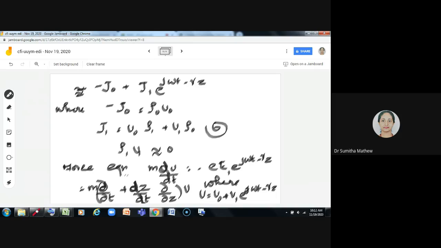We simply manipulate this d by dt term in terms of partial differentiation.